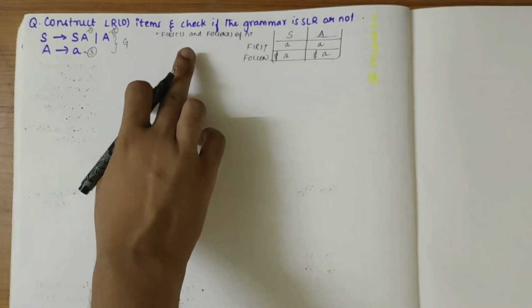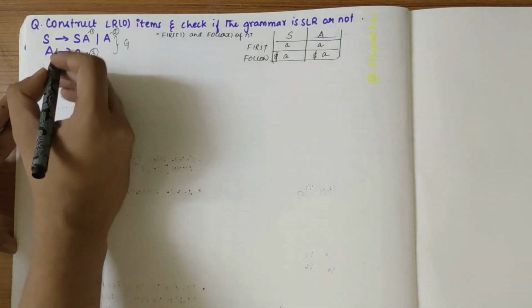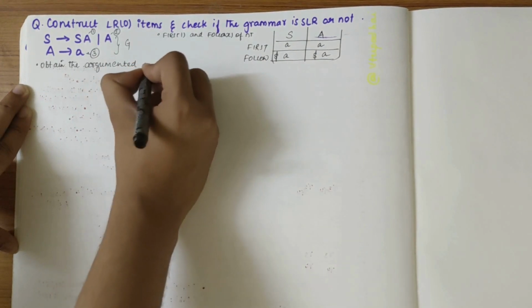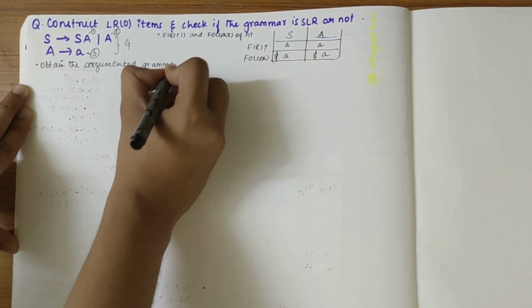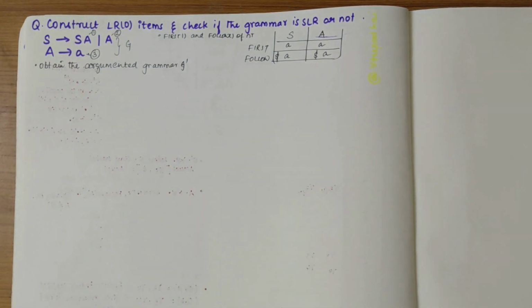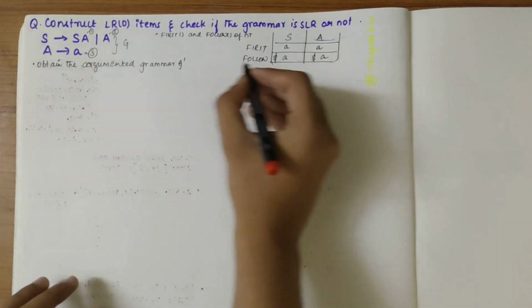So once we have obtained first and follow, let's move on to the next step, that is to obtain the augmented grammar G dash from the given grammar G. In order to obtain the augmented grammar, I need to remember certain rules.